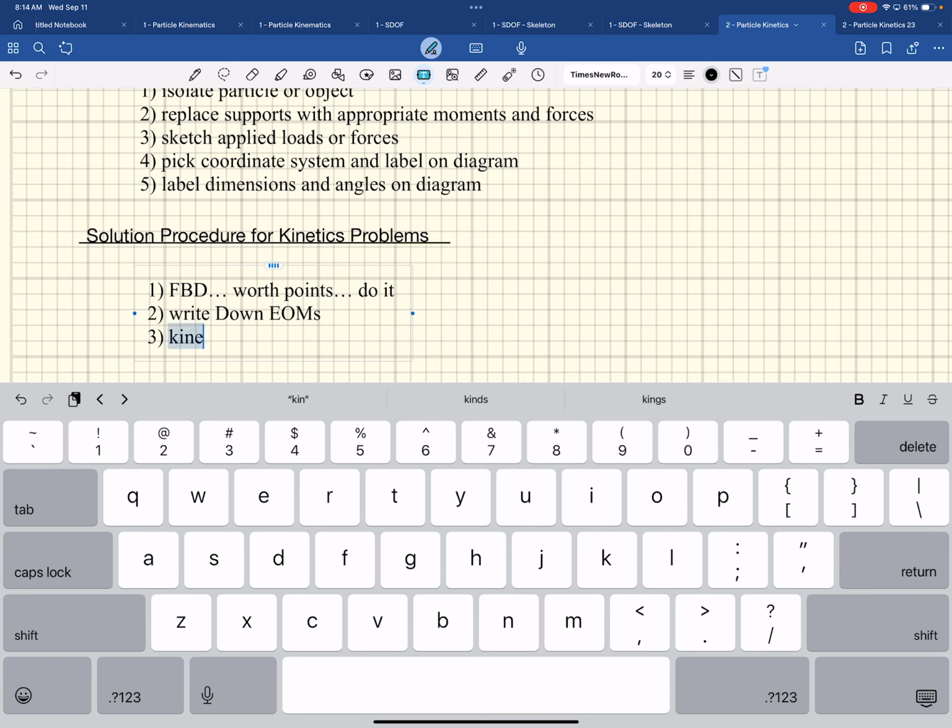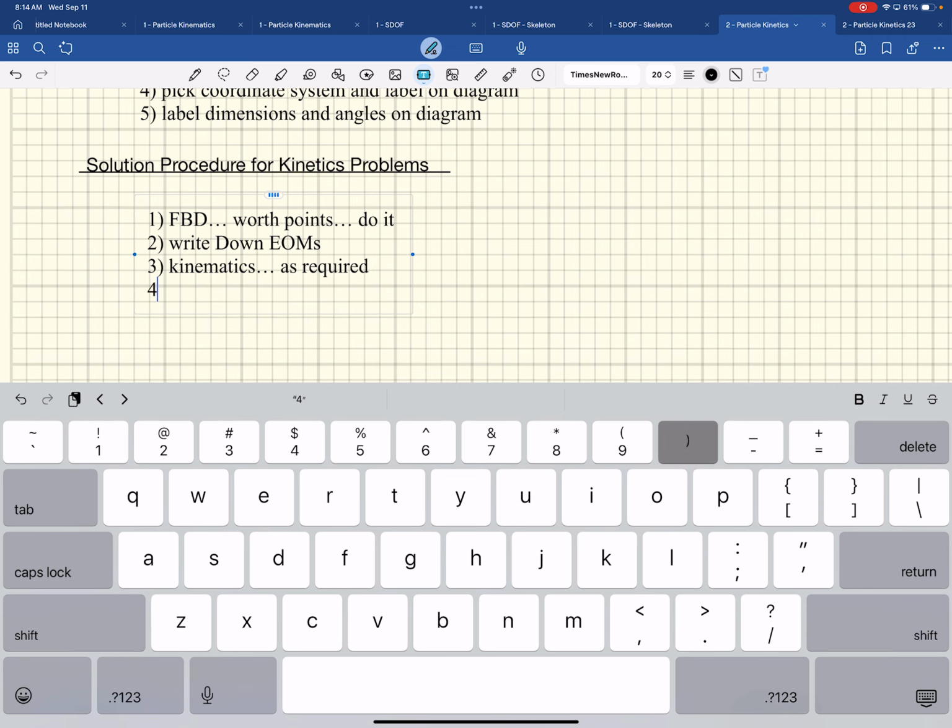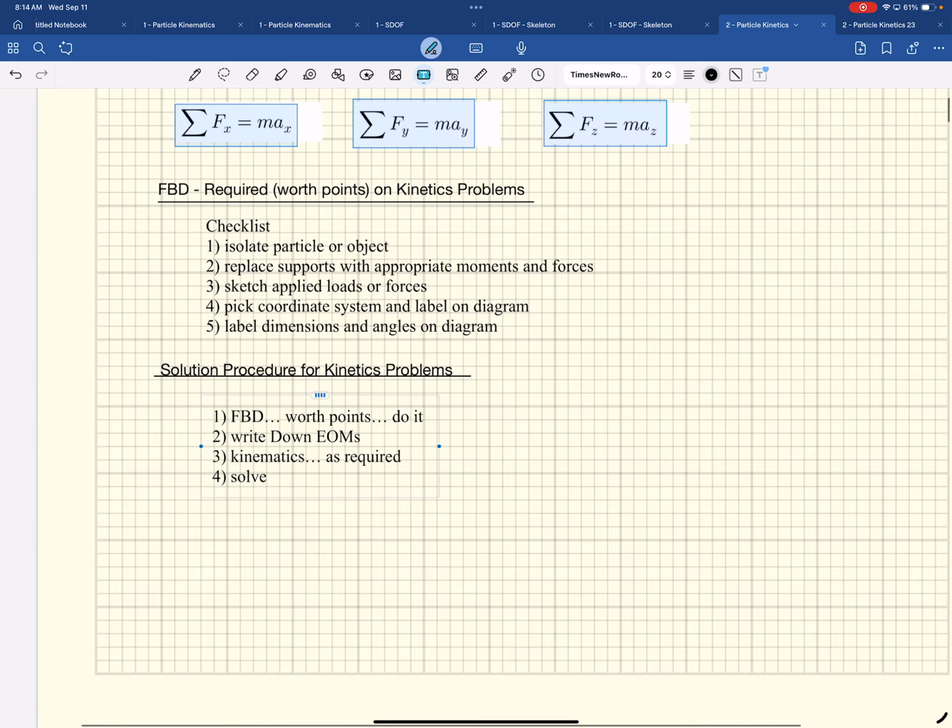They haven't gone away, but they have gotten a little bit easier. So I say kinematics as required. Sometimes you don't have to do much in terms of kinematics, but sometimes you do. And the fourth step is to solve it. Okay? That's it.